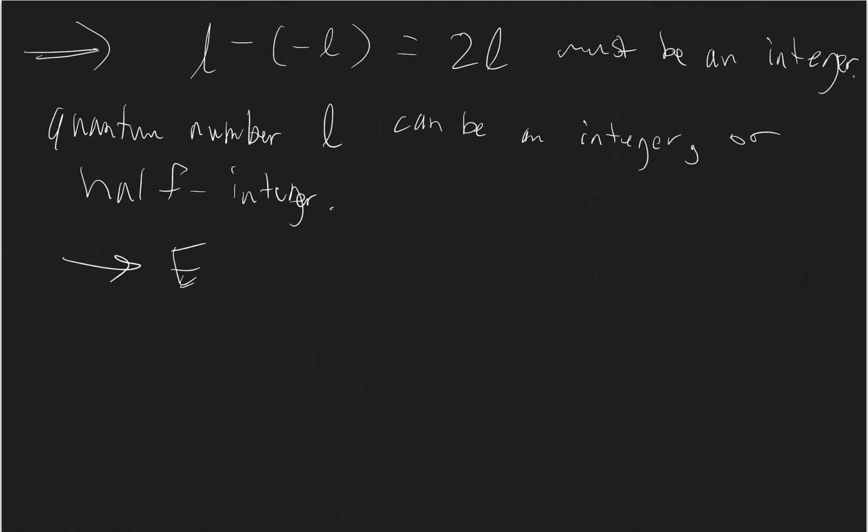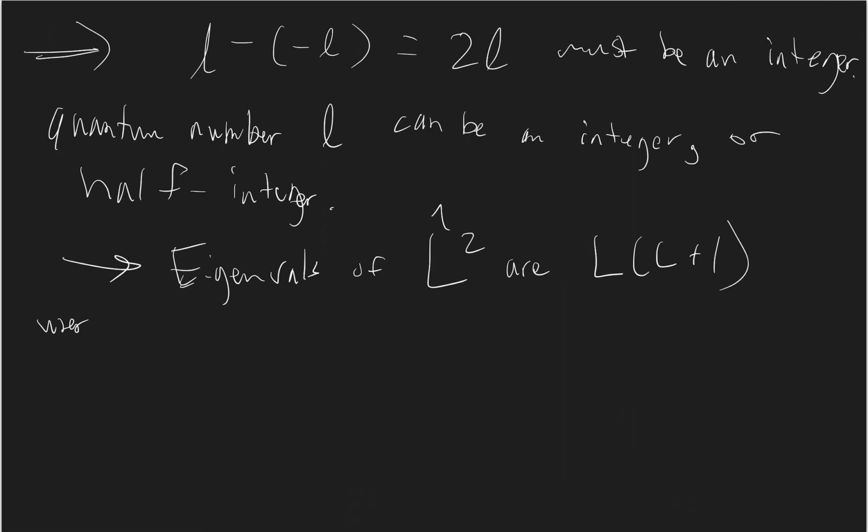So what we found is that the eigenvalues of the squared magnitude of the total angular momentum are L times L plus 1, okay, where L is equal to 0, 1/2, 1, and so on, right? Or 3/2, just to be clear.